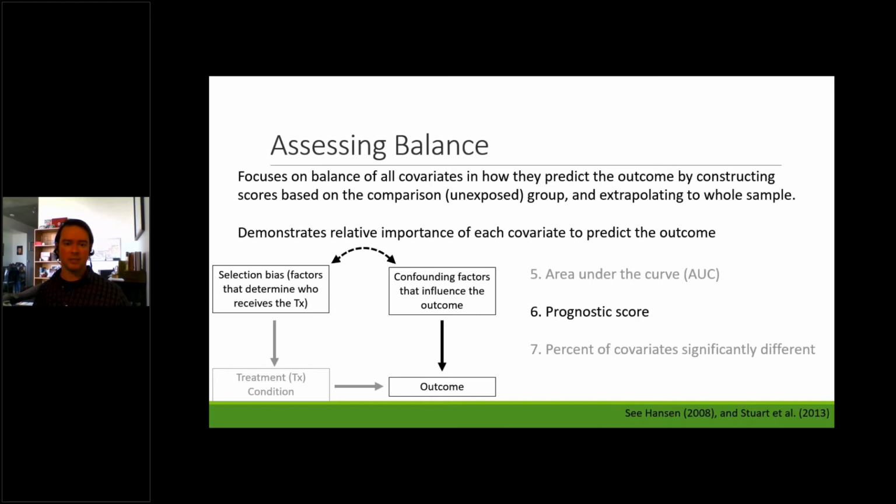It demonstrates the relative importance of each covariate to predict the outcome. Those measures that are most predictive of the outcome should be of your greatest concern because they could create the most bias if left unbalanced. While you won't find the prognostic score in my current published work, I will be using it from now on as much as I can.